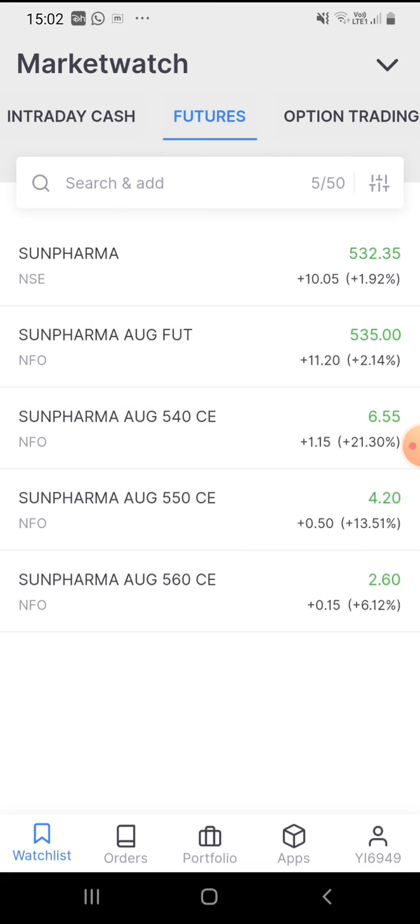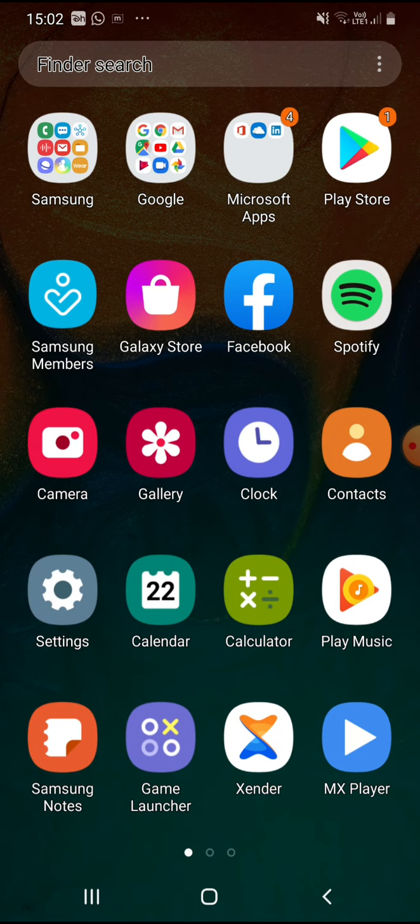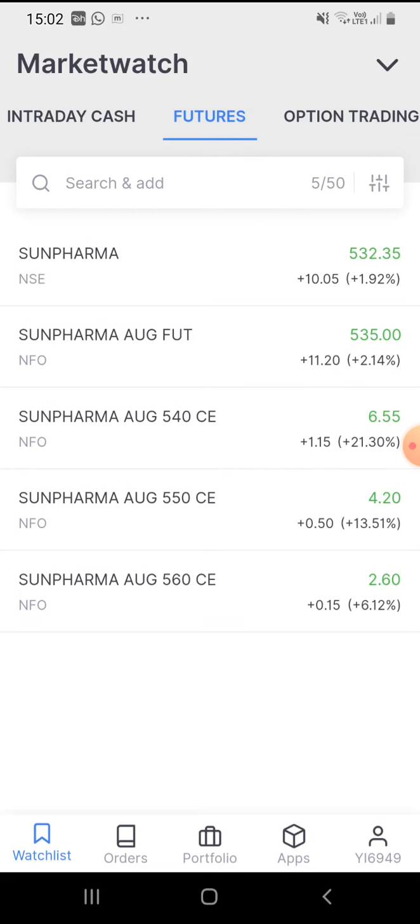Then this 6.55 will increase to at least 7.5 or 8. Here you can see that the Sun Pharma value is 535 and it increased and touched our strike, and it also increased, right?